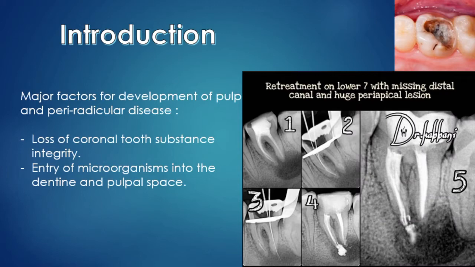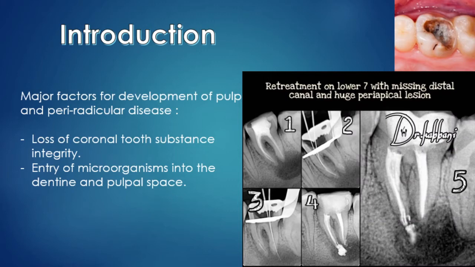We can see the gross caries in the clinical photo of the first molar, and we can see the huge apical or periradicular lesion around the root of the lower 7, which is huge, and it was a little bit dangerous as the patient was already having numbness due to the proximity of the lesion to the inferior alveolar nerve.